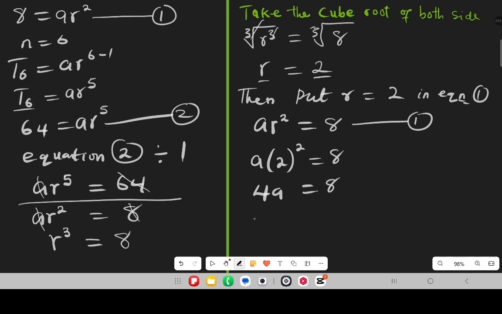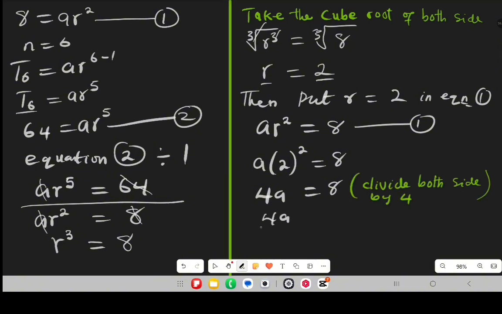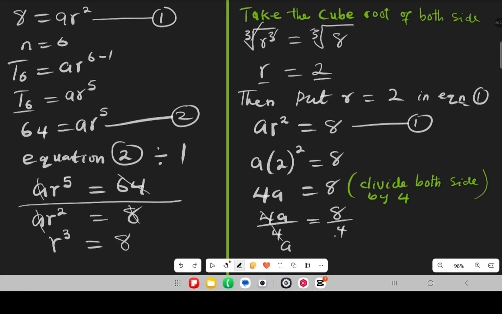Then to get a, we divide both sides by the coefficient of a, which is 4. That is 4a over 4 equals 8 over 4. 4 cancels 4, left with a. 8 divided by 4 gives us 2.